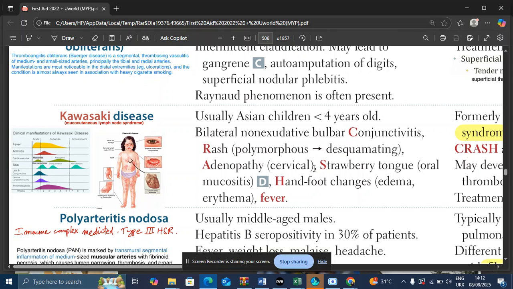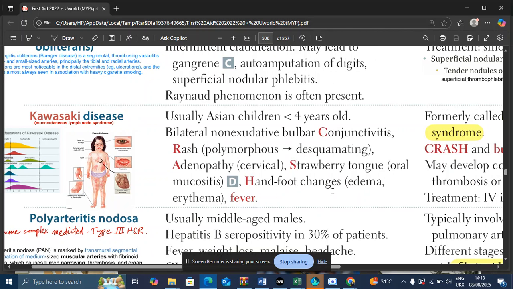If fever for 5 or more days with any 4 CRASH findings is present, we diagnose it as Kawasaki disease.